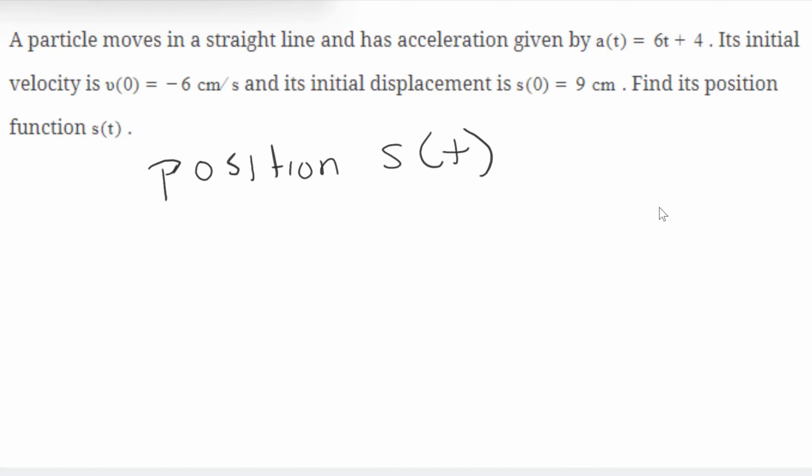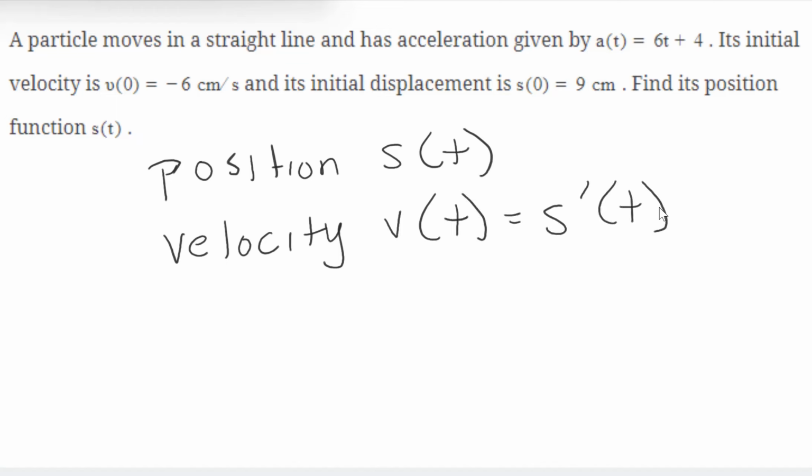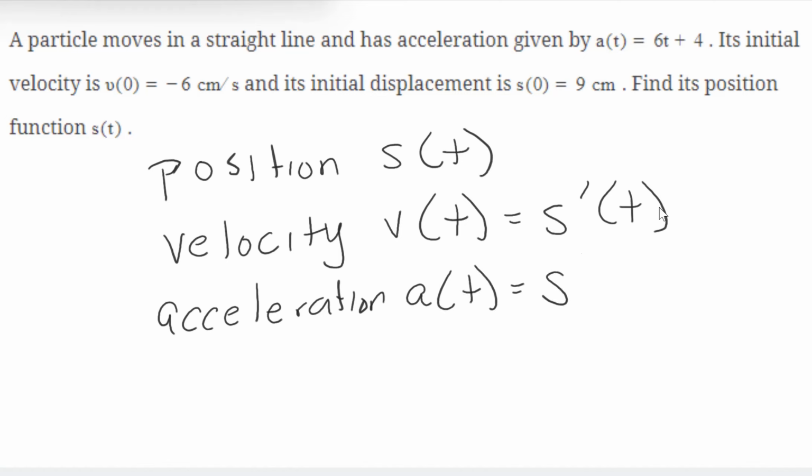Then we have velocity, which is v of t, which is s prime of t. And then we have acceleration, or a of t, which is the second derivative of my particle.